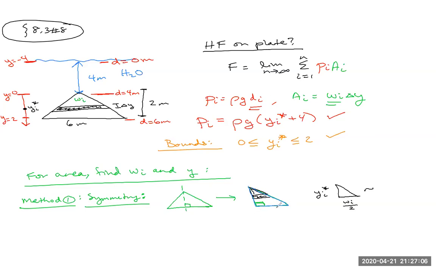This would be half of 6, and then this distance would be 2. So what we're saying is wi divided by 2 is to yi star what 3 is to 2.